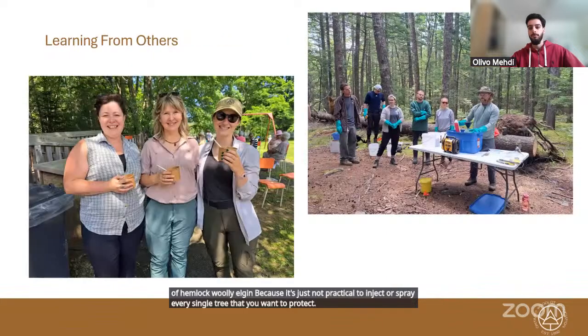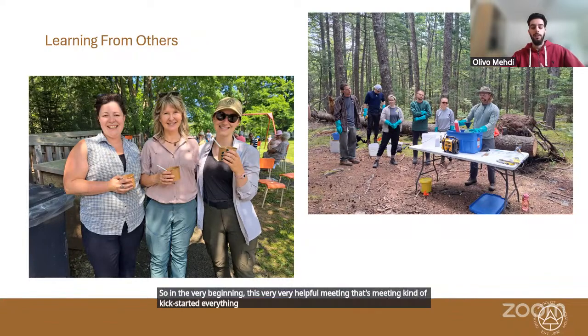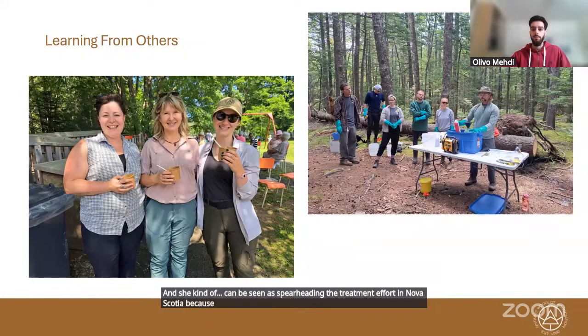So in the very beginning, this very, very helpful meeting that kickstarted everything, Sinead Eget and Ashley McRae of the OWA went to Nova Scotia to work with Donna Crossland, who's there in the middle of the left picture. And she can be seen as spearheading the treatment effort in Nova Scotia because they got the infestation a lot more in advance than Ontario or other provinces did.